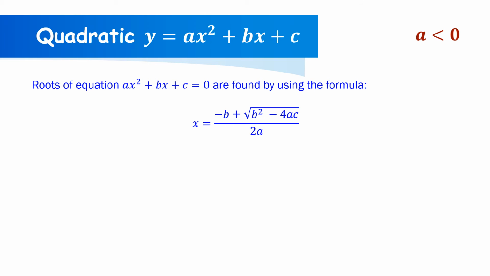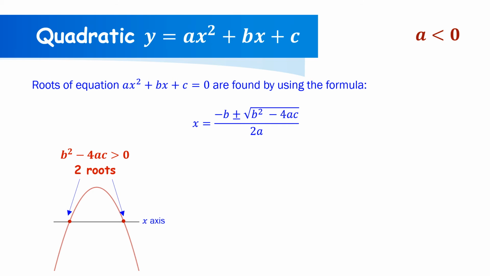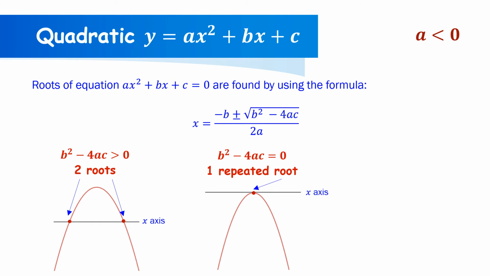Now when a is less than 0, the scenario is similar. However, the curve is the other way round. So again, when b squared minus 4ac is greater than 0, we have two real roots. When b squared minus 4ac equals 0, we have one repeated root. And when b squared minus 4ac is less than 0, we have no roots.